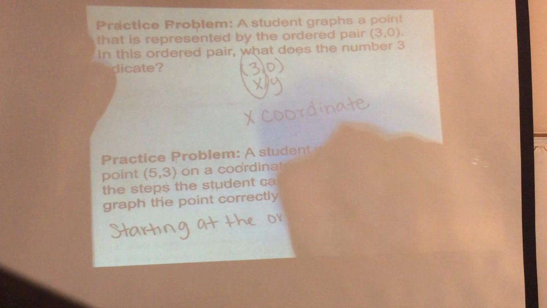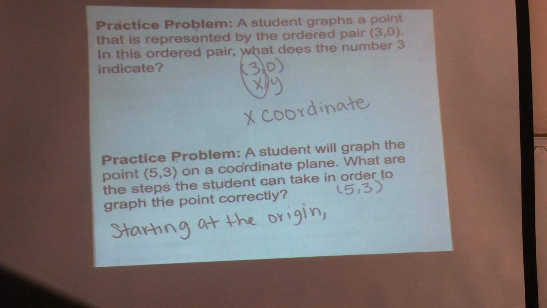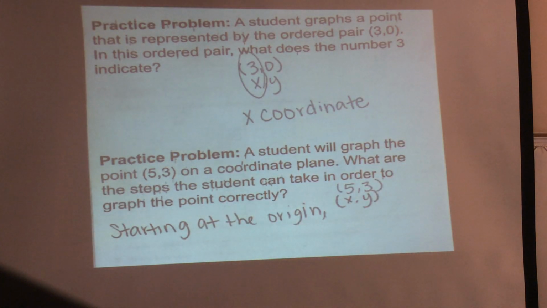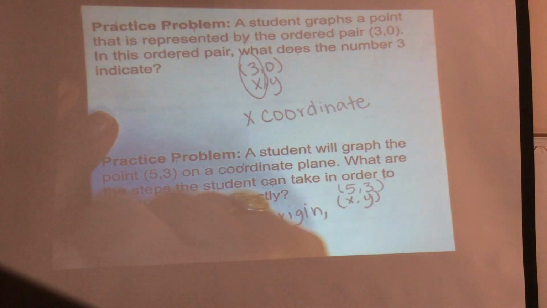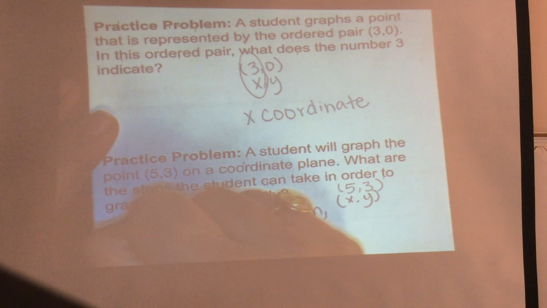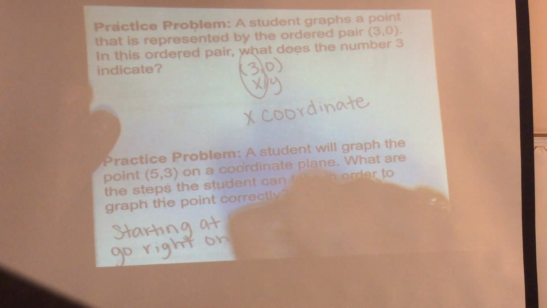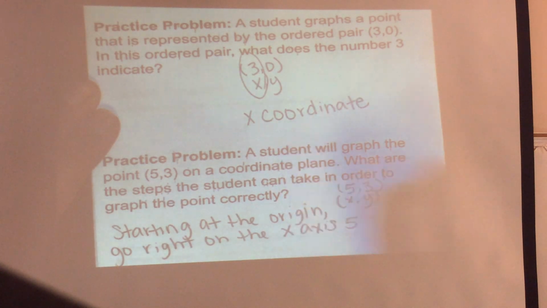Okay, I'm then going to write down my ordered pair from my problem. I'm going to label it x and y so I know which one belongs where. So I see I have 5 for my x coordinate. So I'm going to go right on the x-axis 5 places.